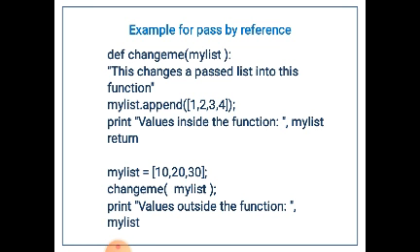So the function has a string there. This changes a passed list into this function. Now we see mylist.append, where we can edit or add values or remove values from that list. There are 4 values in the list: 1, 2, 3, 4.